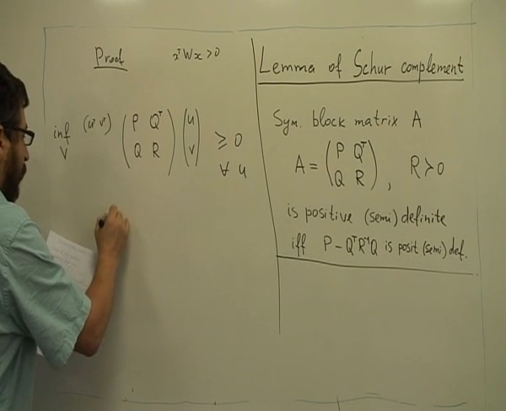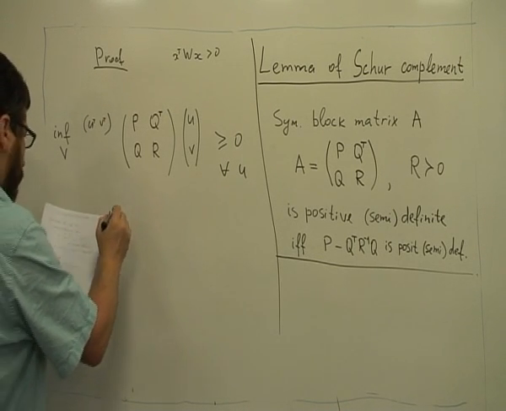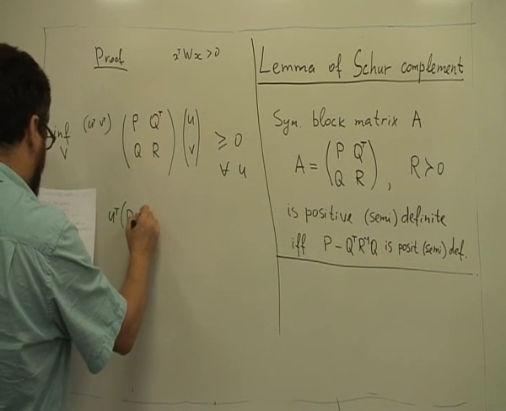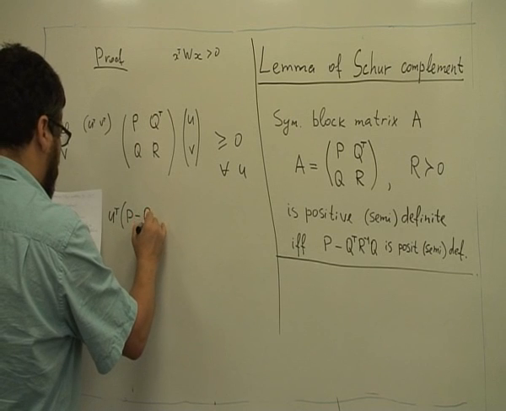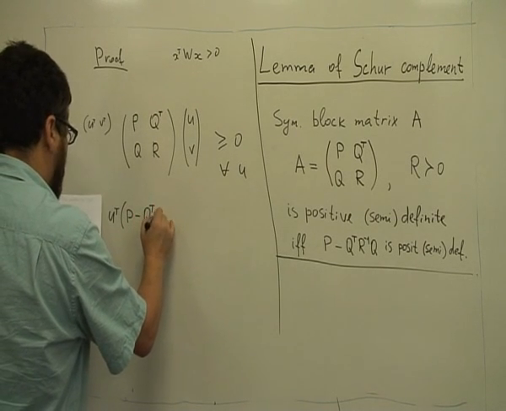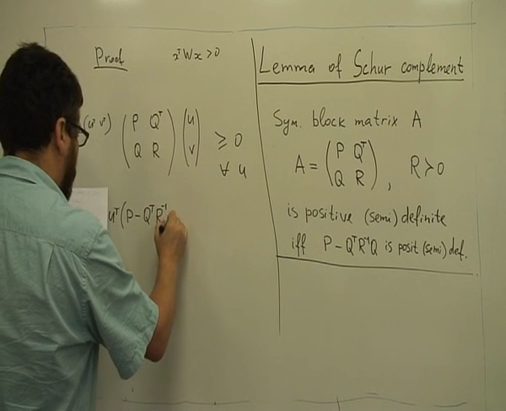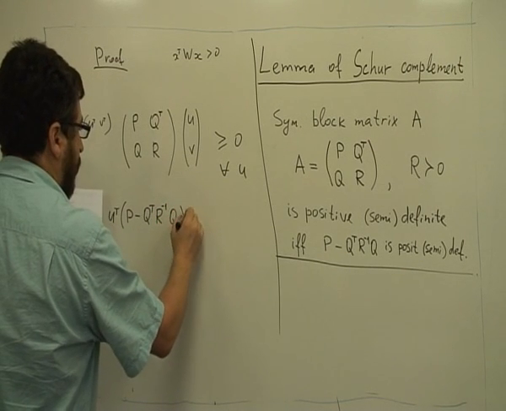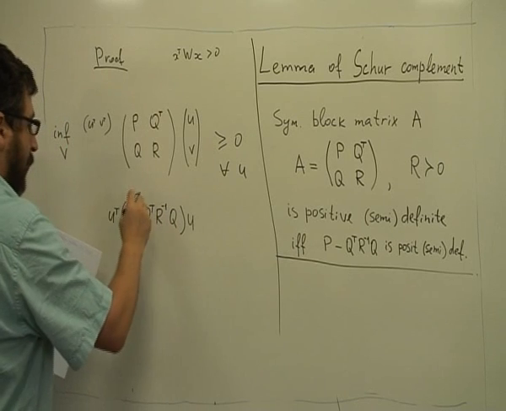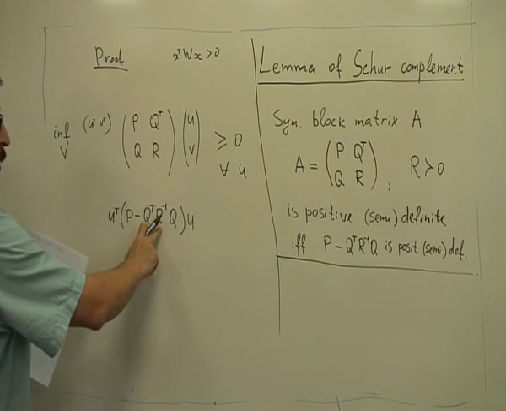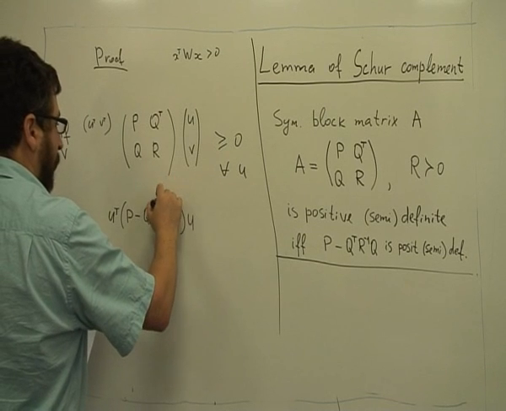This infimum will be U transpose (P minus Q transpose R inverse Q) multiplied by U. And this will work, of course, if R is a positive definite matrix.